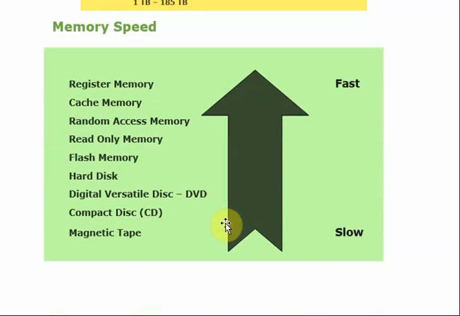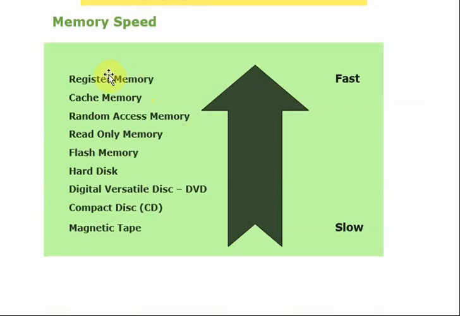Once you come to speed, the register is very fast, then cache, then RAM, ROM, and flash memory is faster than the hard disk, which is magnetic, because DVDs use a spiral track and take time to locate the exact starting point of that particular data unit.